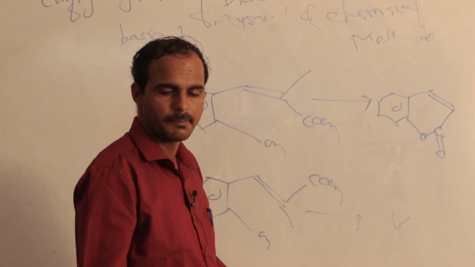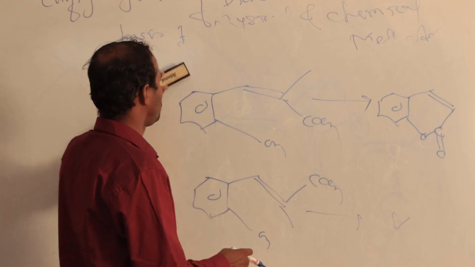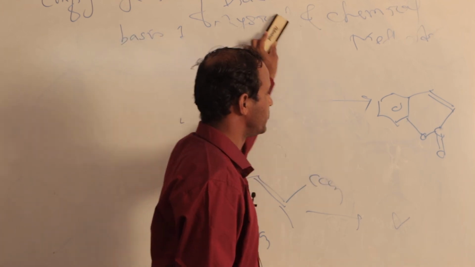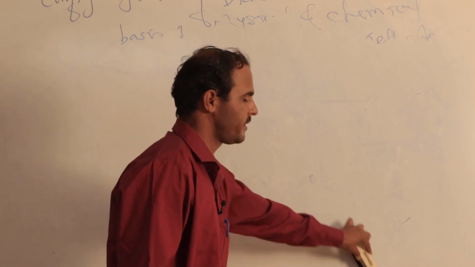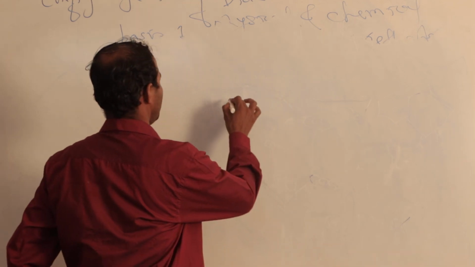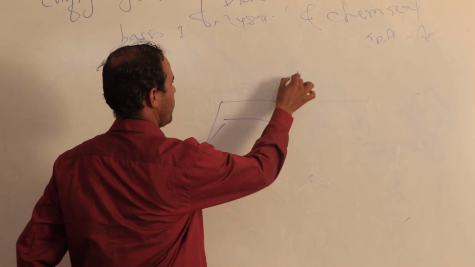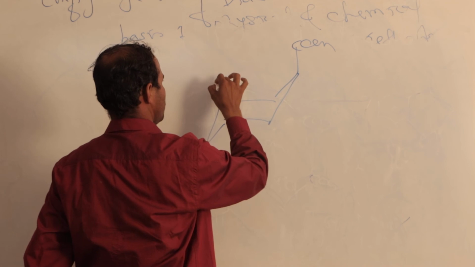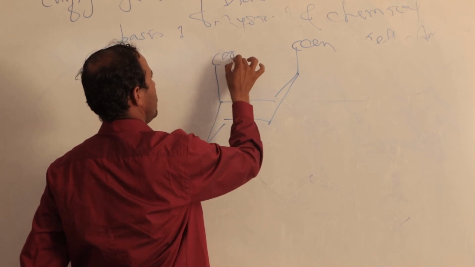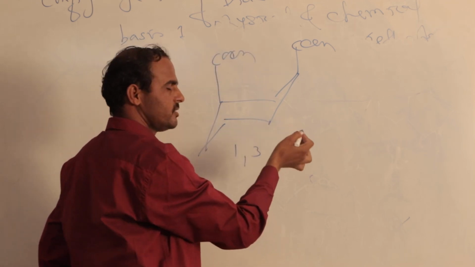If we consider another example, 1,2, 1,3 dicarboxylic acid cyclohexanes or 1,4 dicarboxylic cyclohexanes. In this example, this is position number 1, where one COOH group is present. This is the 1,3 dicarboxyl cyclohexane.